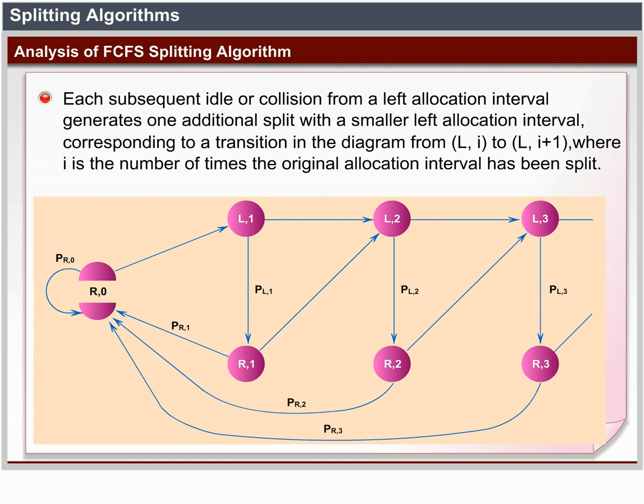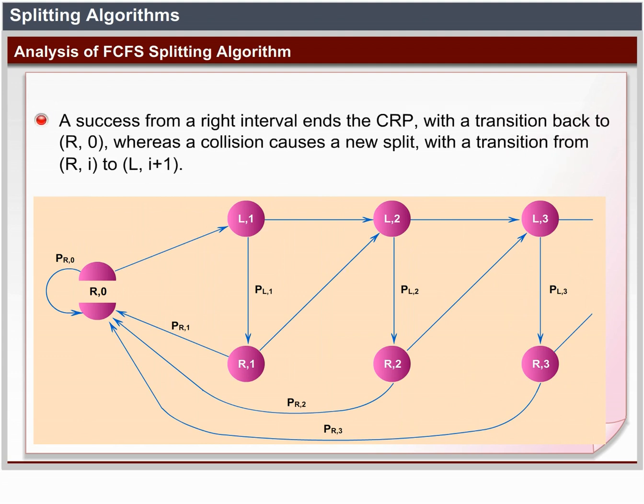A success from a left interval leads to a right interval with no additional split, corresponding to an L, I to R, I transition. A success from a right interval ends the CRP with a transition back to R, 0, whereas a collision causes a new split with a transition from R, I to L, I plus 1.